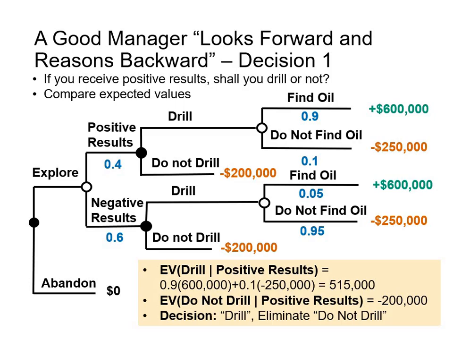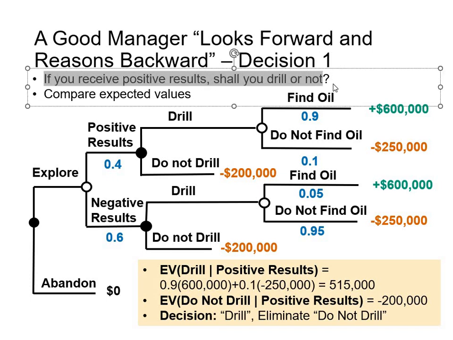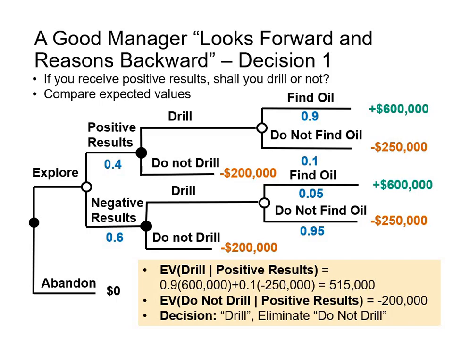Look forward means that we map out the decision tree, but then what the best decision is, we have to reason backwards. So let's say we have a question: if you receive a positive result, shall you drill or not drill?